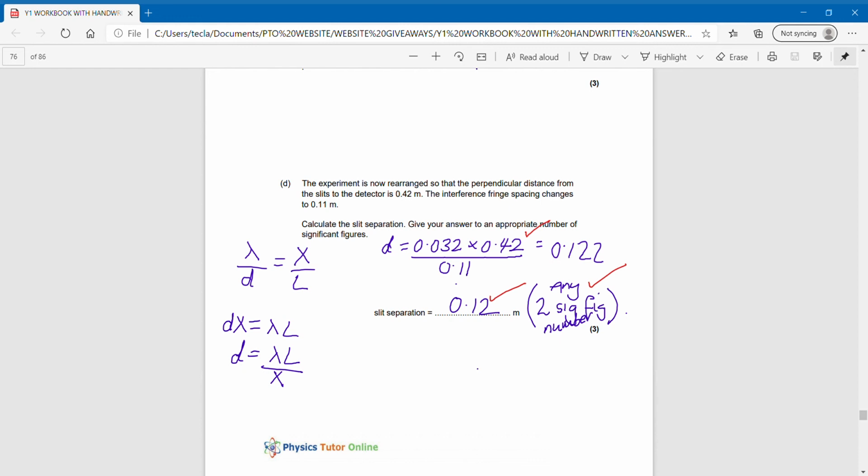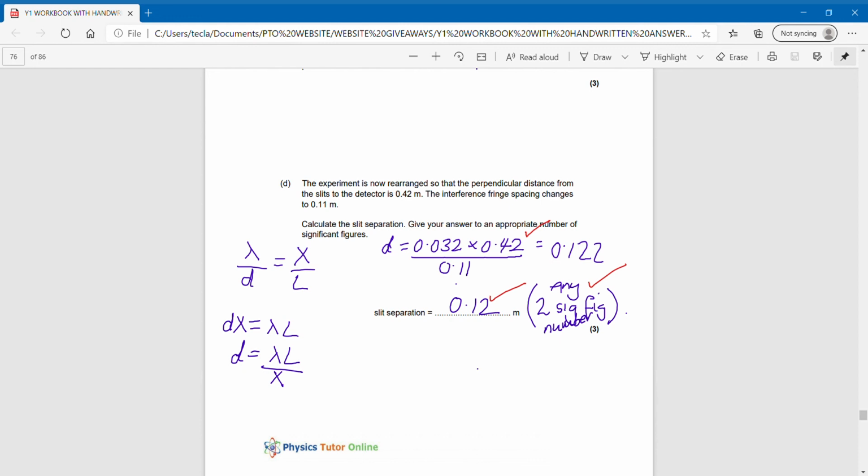D is the slit separation. X equals the spacing between the fringes, and L equals the distance between the slits and the screen, or the detector.